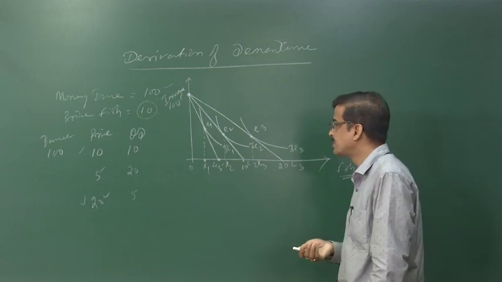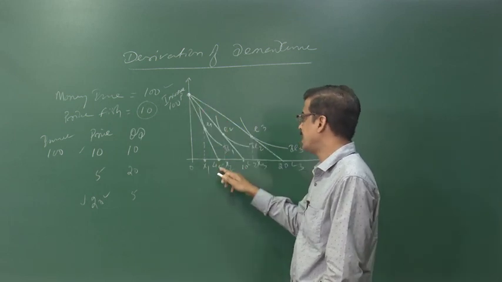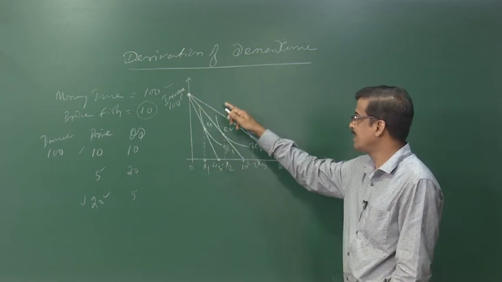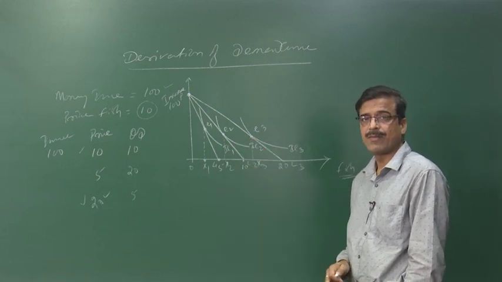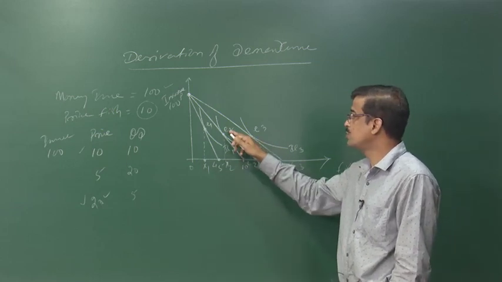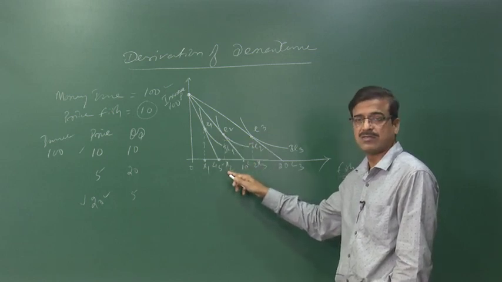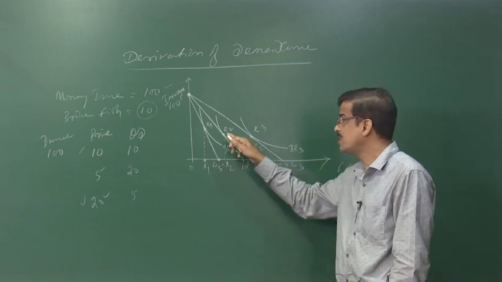When the purchasing power increases, the price line shifts from PL1 to PL2, which is tangent to the higher indifference curve IC2 at the point E2. So the consumer is now consuming OX2 units of the product, because that is the point of equilibrium.